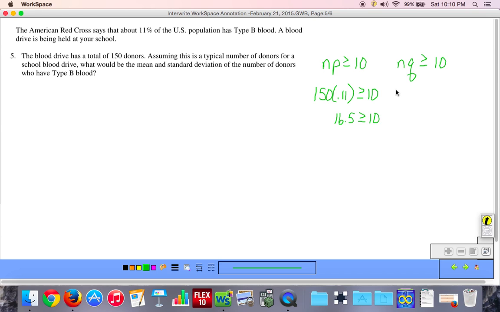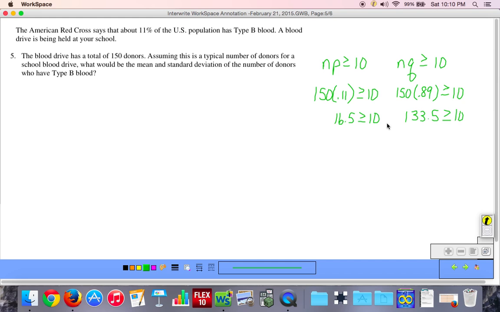N times q. So 150 times 0.89 is also greater than or equal to 10. It's actually, we expect about 133 people not to be type B blood. Okay, so we've satisfied our success failure condition.